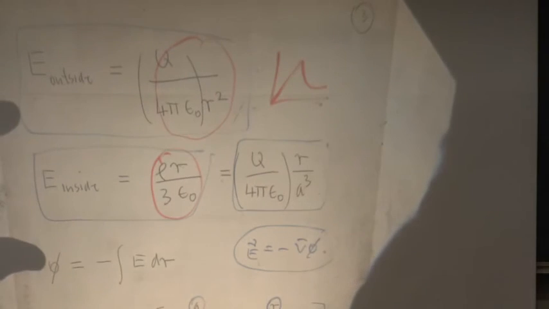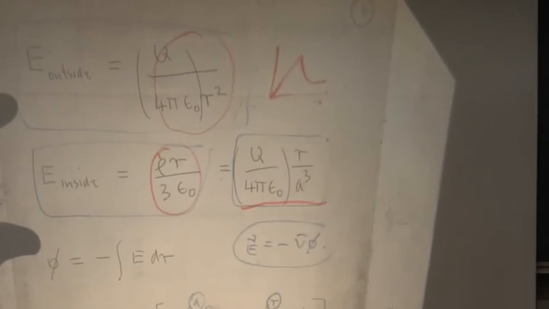So if you do that expression, again, I don't know whether you did this calculation with Kieran last year. Just like we calculate the electric field, it goes like this. There's the inside going as rho r over 3 epsilon naught, the outside as 1 over r squared, and of course they are equal at the surface.